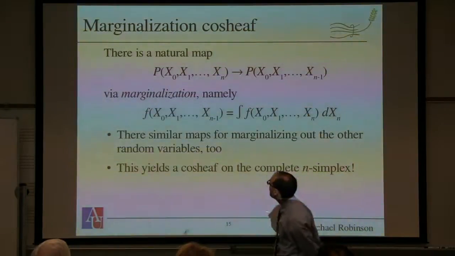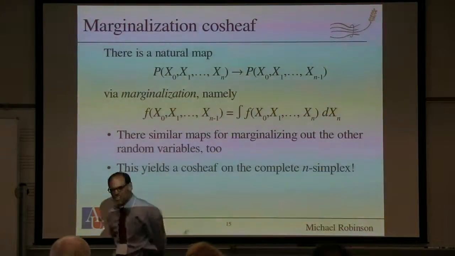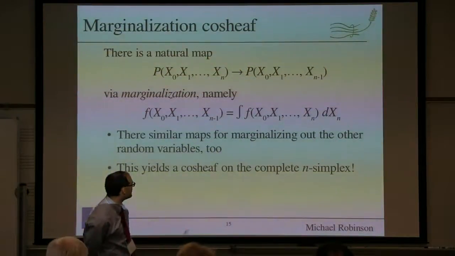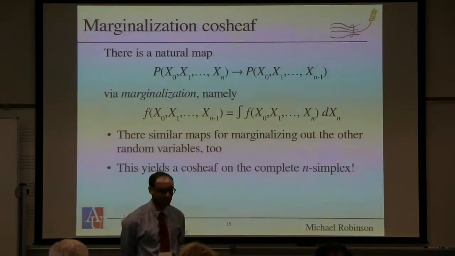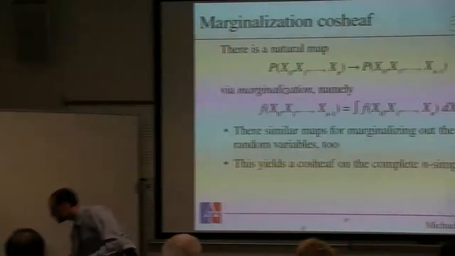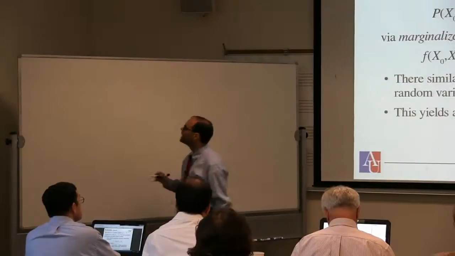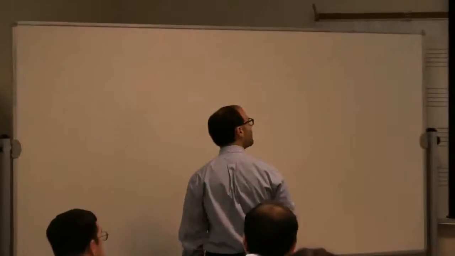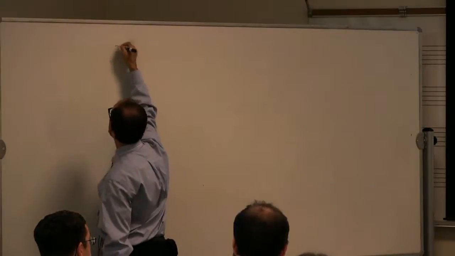In fact, I get one for every possible arrangement here. That suggests that, well, I've got a lot of data. In fact, it turns out this naturally gives me a co-sheaf on the complete n simplex. So let me show you what that looks like, because this is a little bit abstract. So first of all, let's take a look at 3 random variables.